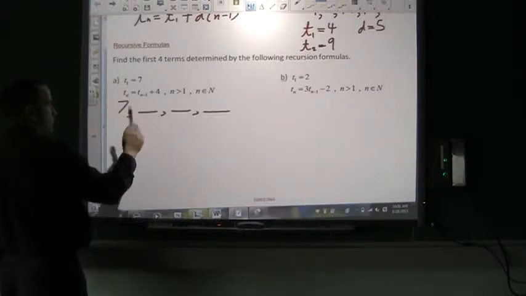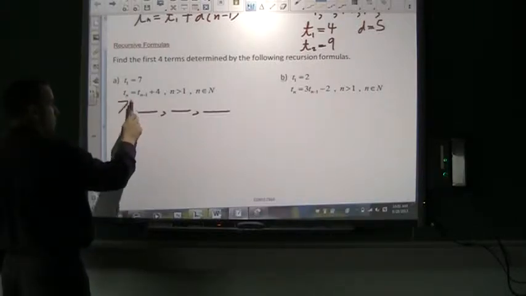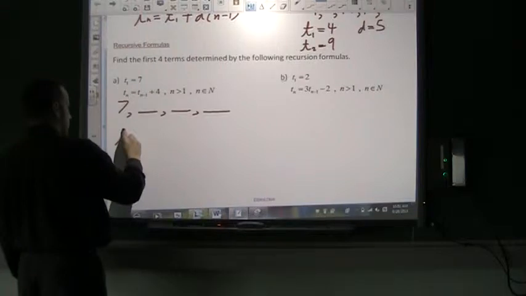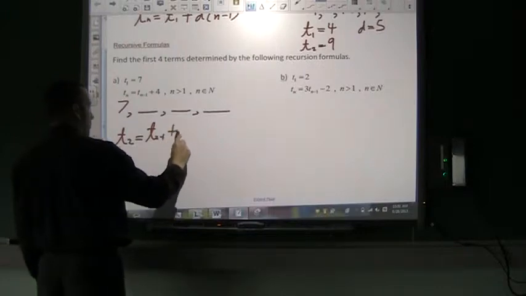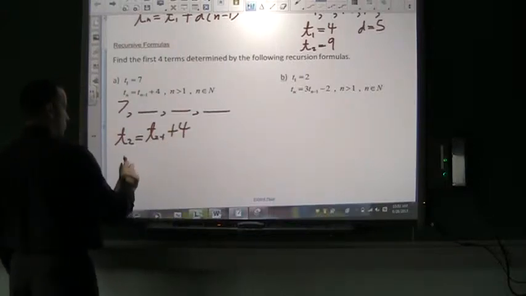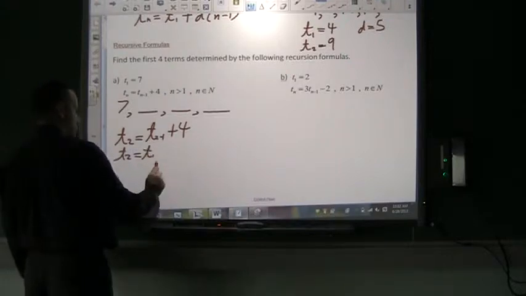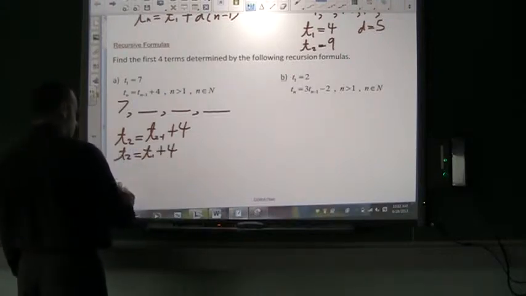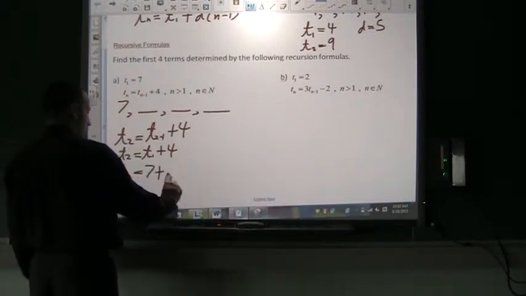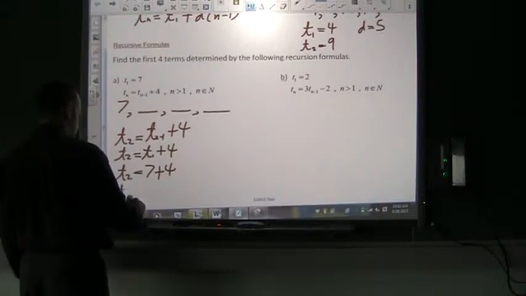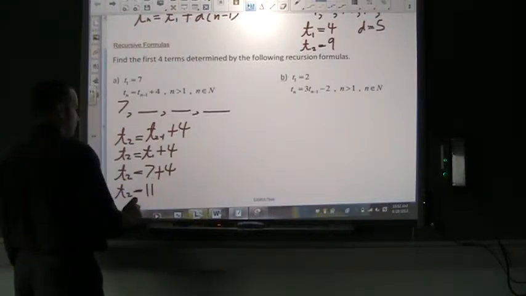If I want to find the second term, n being 2, my T2 is equal to T(2 minus 1) plus 4. 2 minus 1 is 1, so my second term is equal to T1, my first term, plus 4. So my T2 is equal to the first term, which is 7, plus 4. So my T2 is equal to 11.